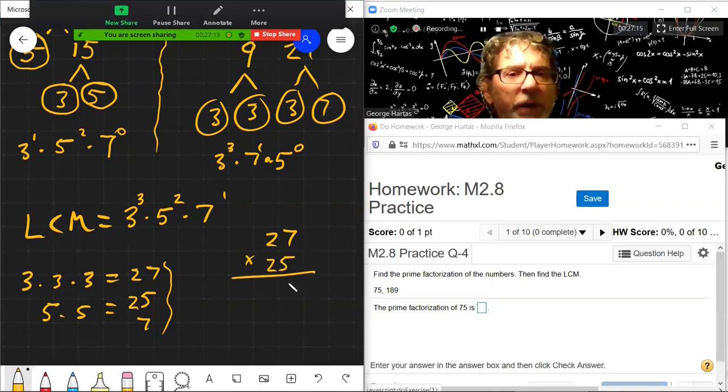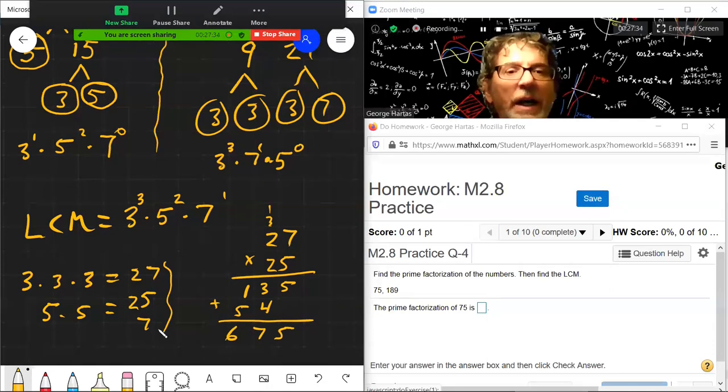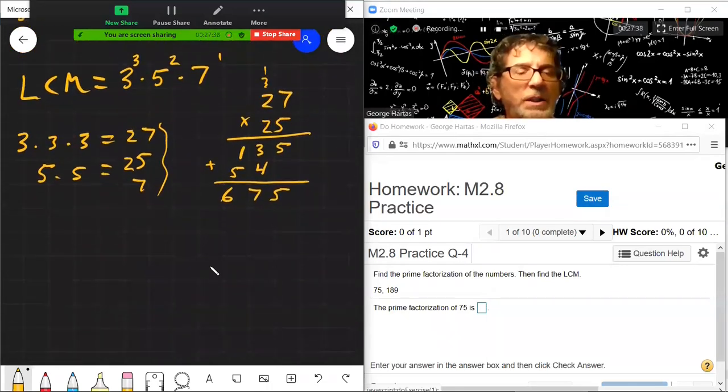Quick and dirty, nothing fancy. 675 and then times 7, right? 675 times 7, because all these are in multiplication.